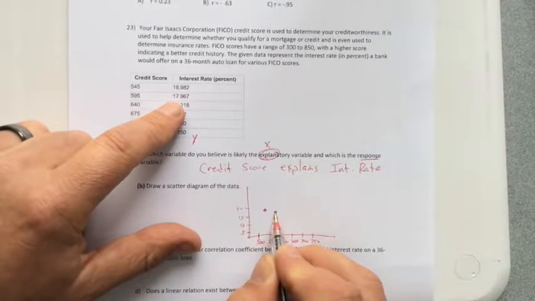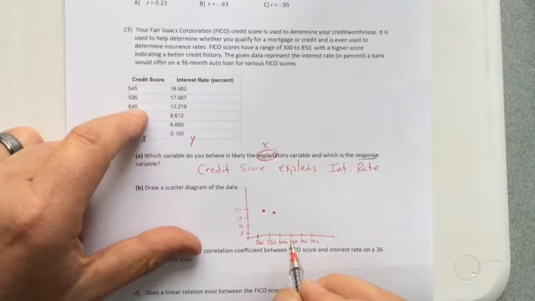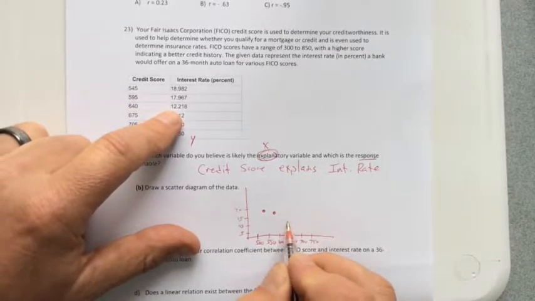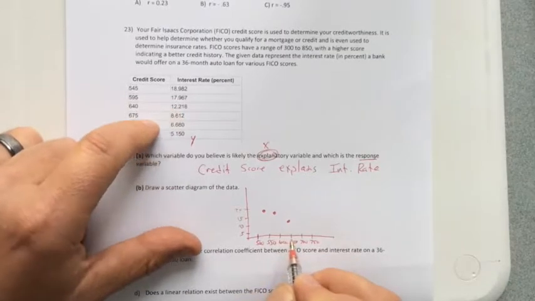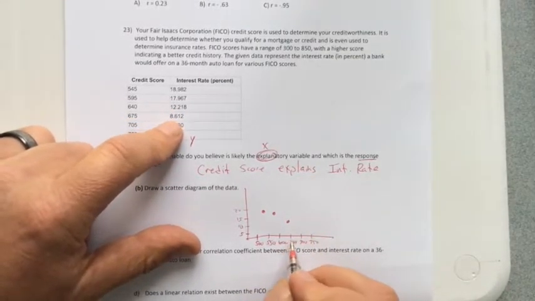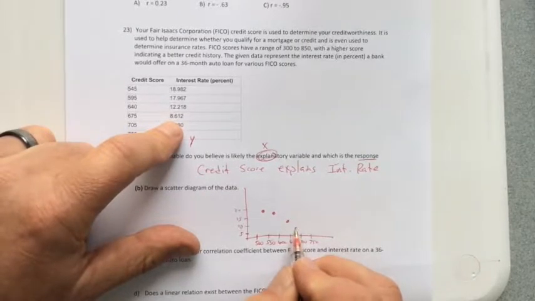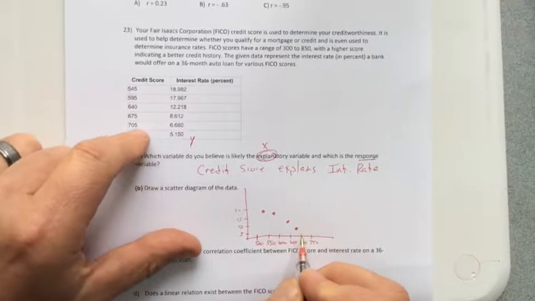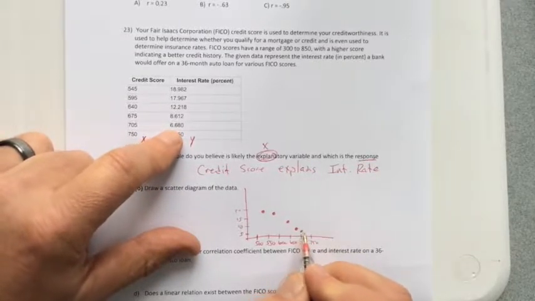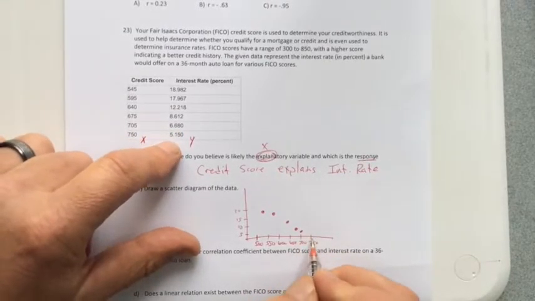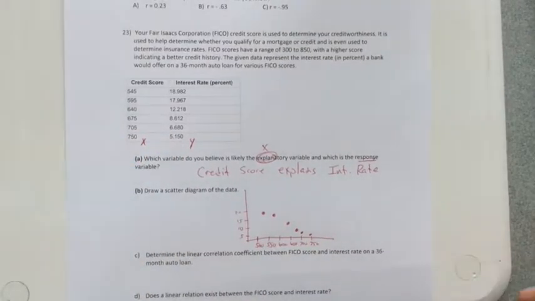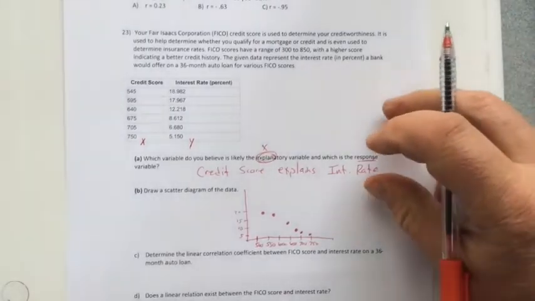Somewhere around 650 is around 12. 675 is about 8.5. 700 is about 6.5, and 750 is about 5. Okay, so there's the scatter plot.